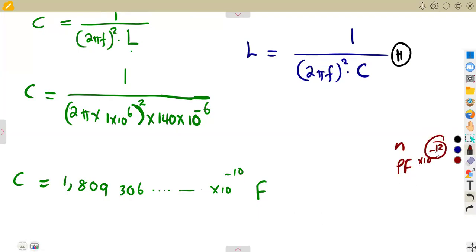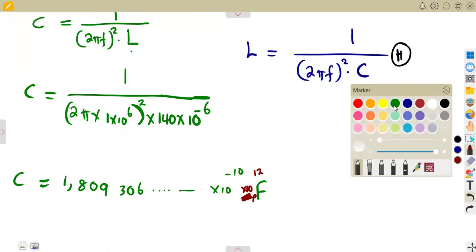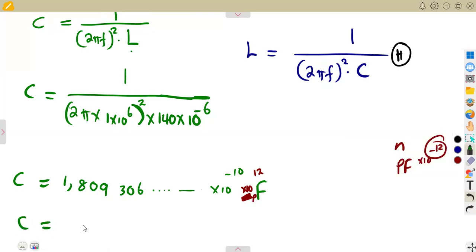So how do I convert to the picofarad? I multiply by the opposite, I just remove this negative and it becomes a positive. So multiply your answer by 10 to the exponent of 12. If you multiply your answer by 10 to the exponent of 12, you are converting your answer to picofarads. Whatever you have on your calculator is going to be in picofarads.